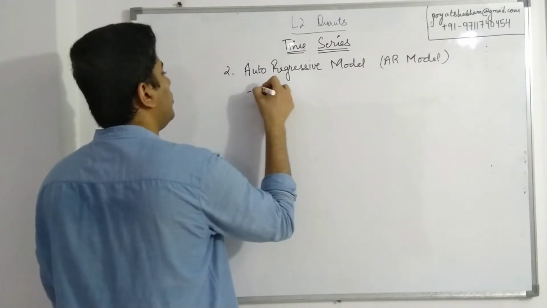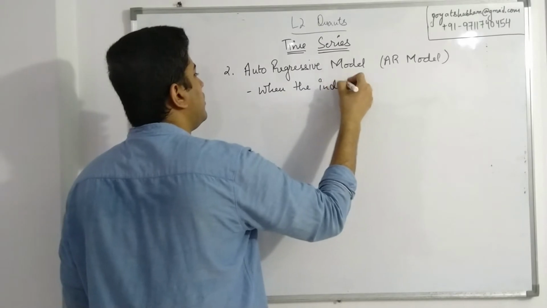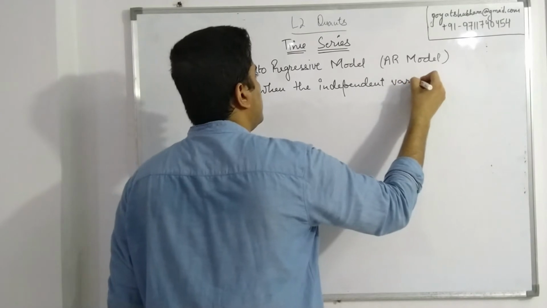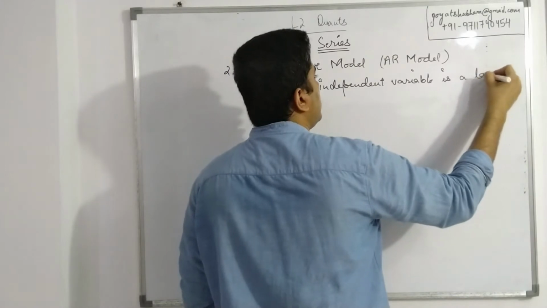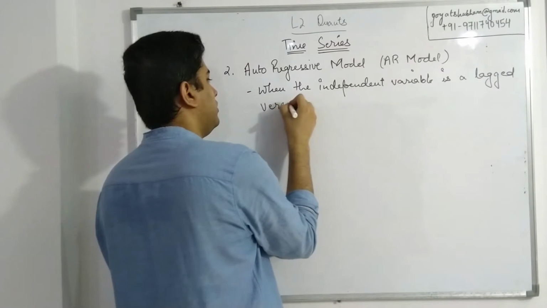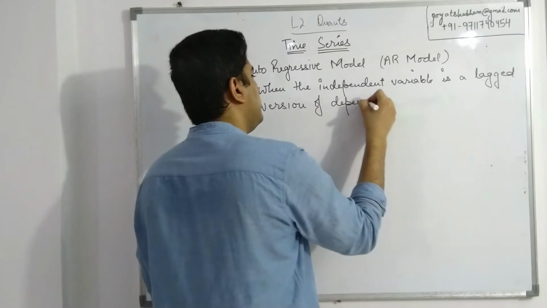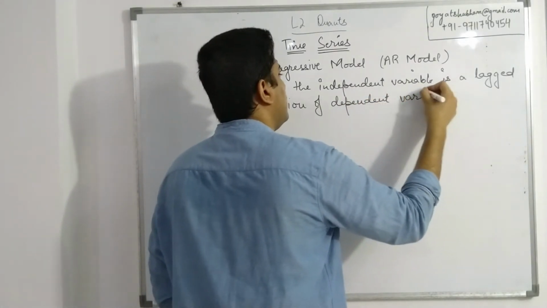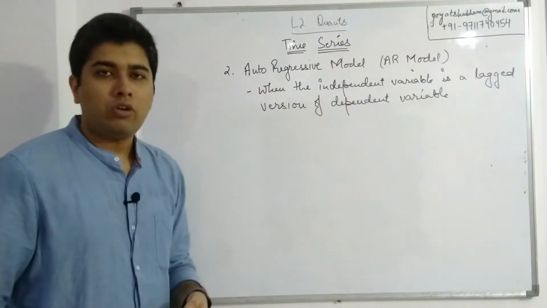Well, when the independent variable is a lagged version of the dependent variable, then the sort of regression or time series that we have is known as an autoregressive model.